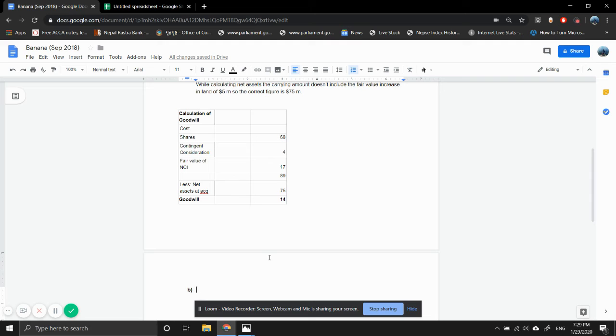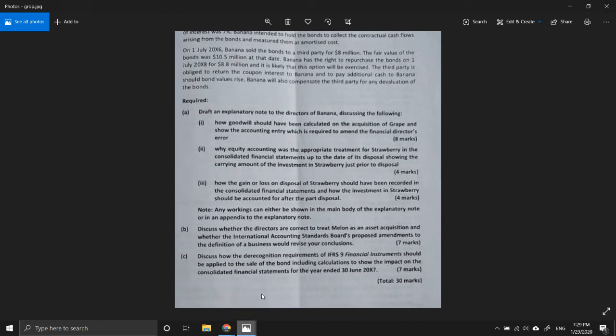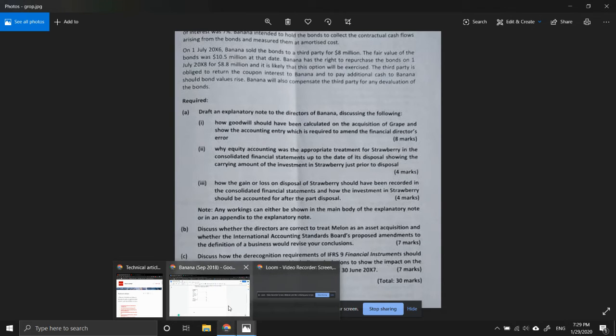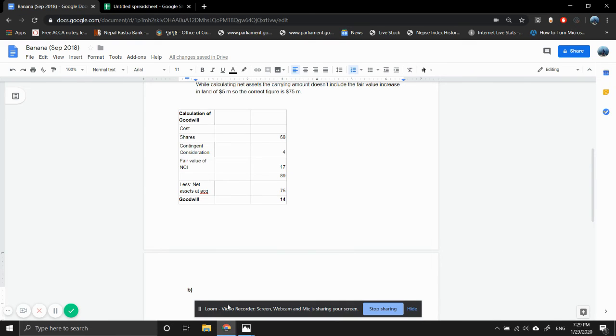Okay, so B number. Do we need to explain anything else? Let's see the question. So how should it have been calculated, and the accounting entry to amend the financial director's error. So what should be the accounting entry?